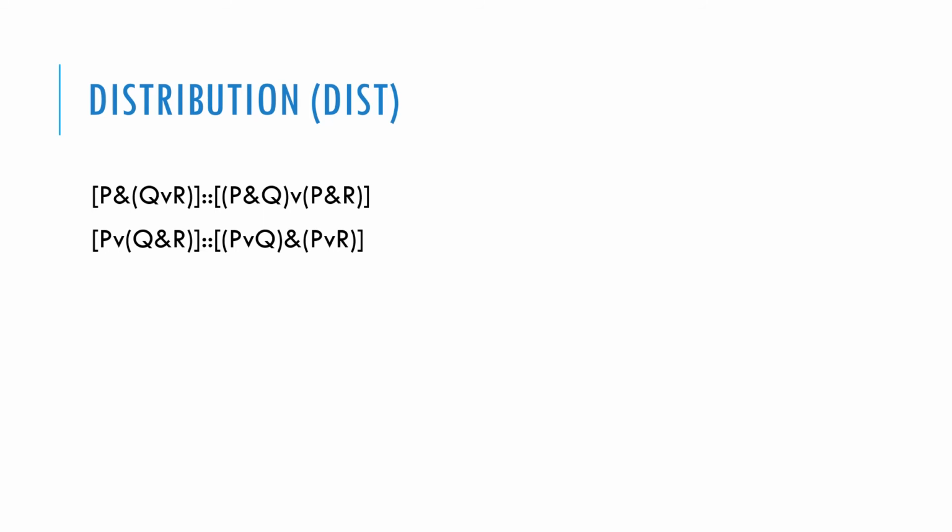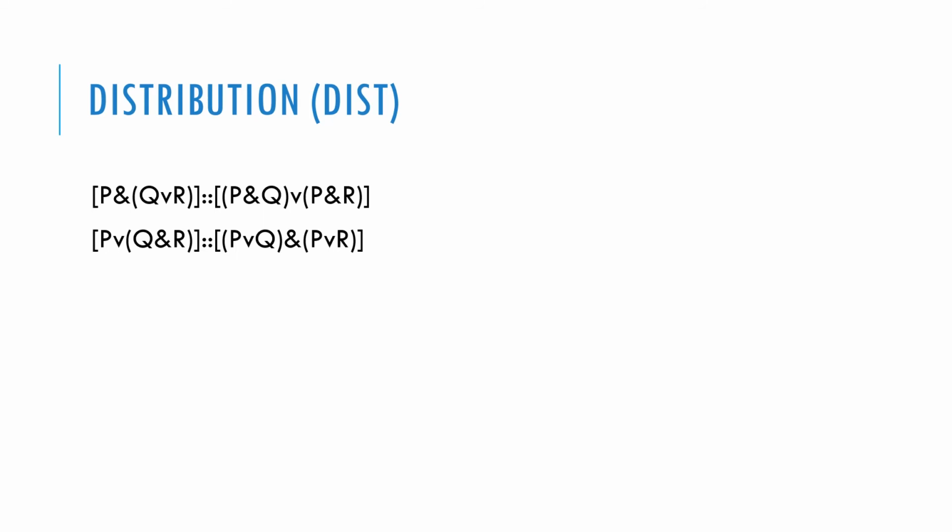Now, distribution is another rule that we use, and this rule says that P and (Q or R) is equivalent to (P and Q) or (P and R).